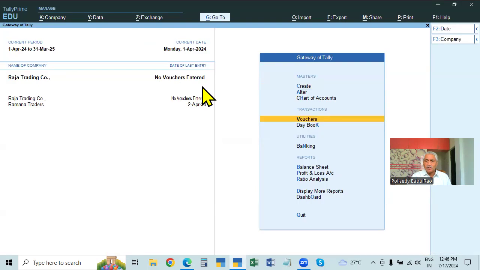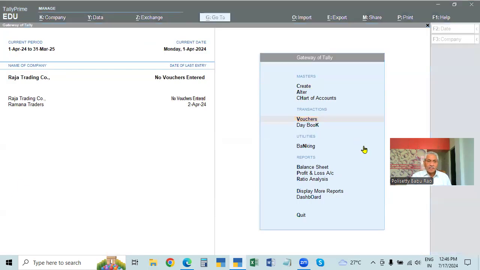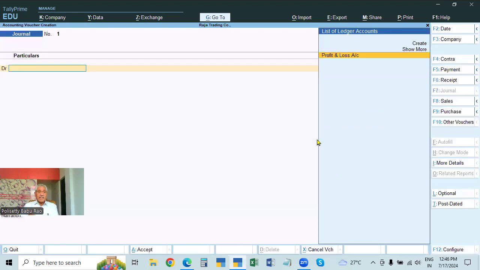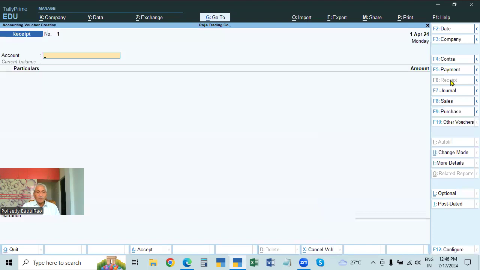If only cash, what we can do is enter a receiving voucher. We are receiving the capital, so we will enter it in the receipt voucher. We enter in single entry only, it is very easy. So cash or bank you will take, then the other account.